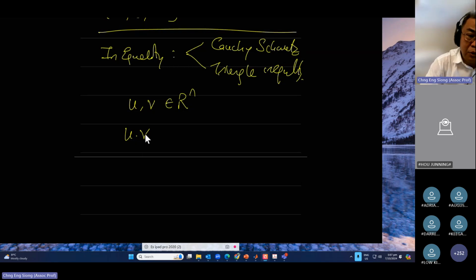It can be positive numbers, can even be negative numbers. So u dot v is just a scalar, but can be positive or negative. Let's take the absolute value of it. So now it's all positive values. And Cauchy-Schwarz says that this value, the dot product between these two, will always be less than or equal to the norm of u multiplied by the norm of v.